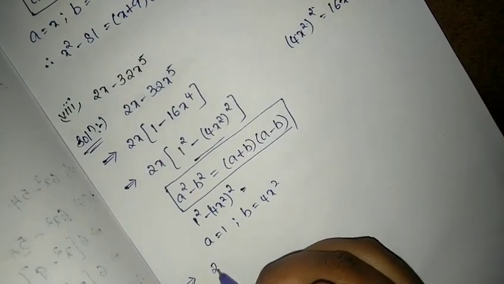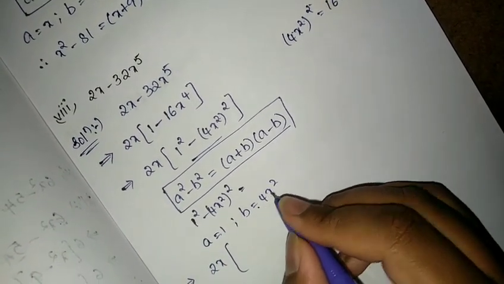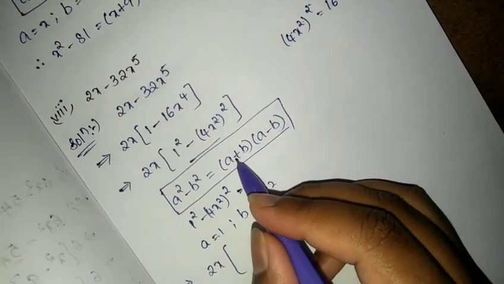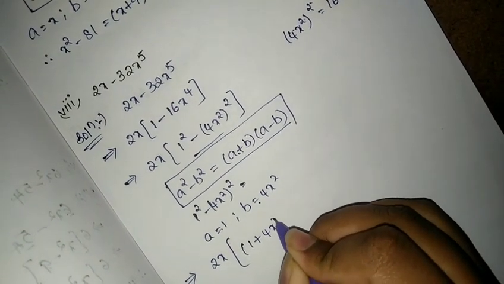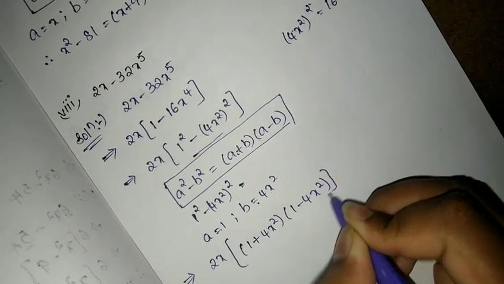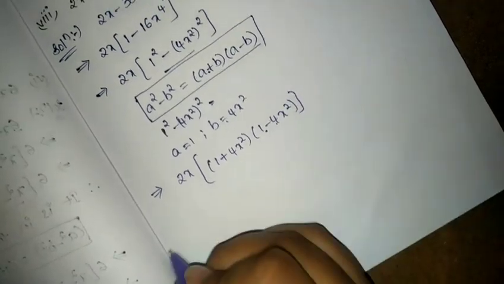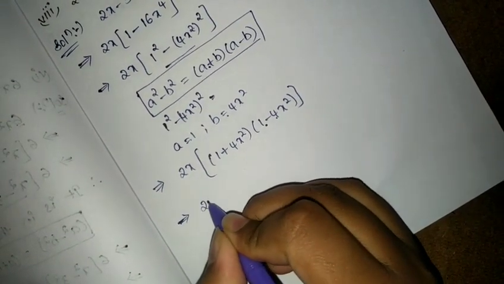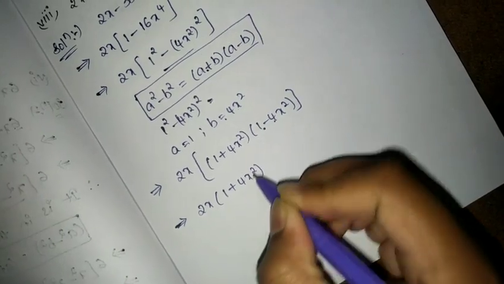So next step is 2x into a equal to 1, b equal to 4x square. So the formula is a plus b into a minus b. So 1 plus 4x square into 1 minus 4x square. Again we have here 1 minus 4x square. Our next step is 2x into 1 plus 4x square.